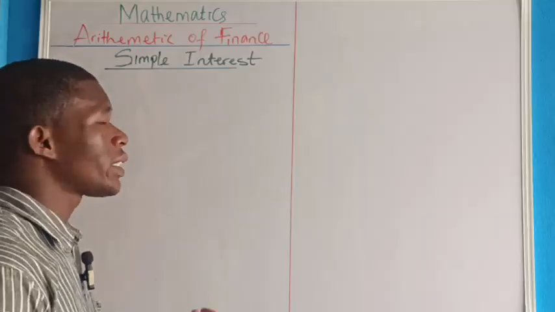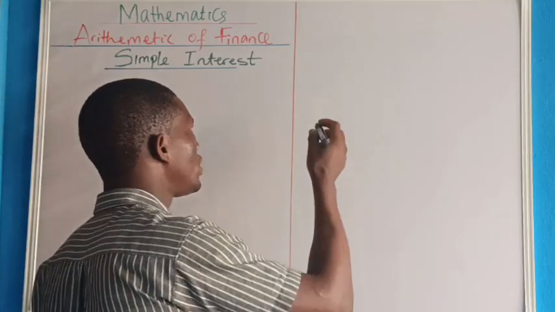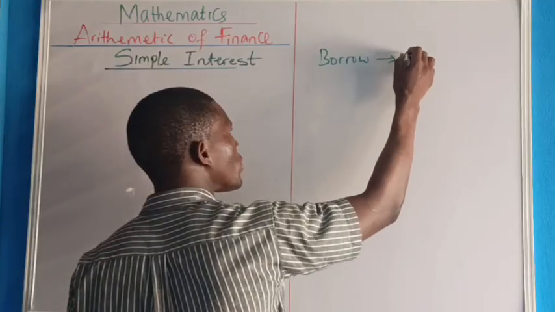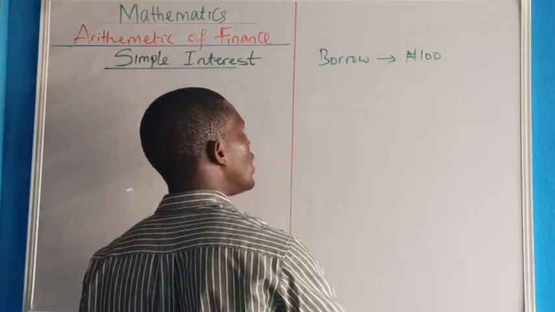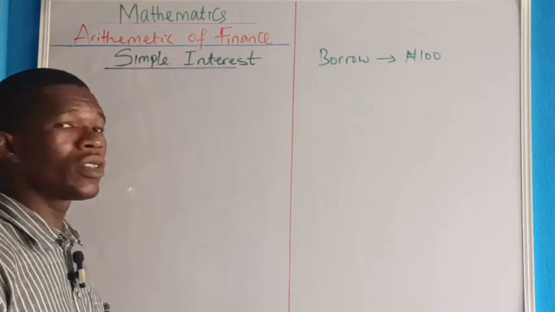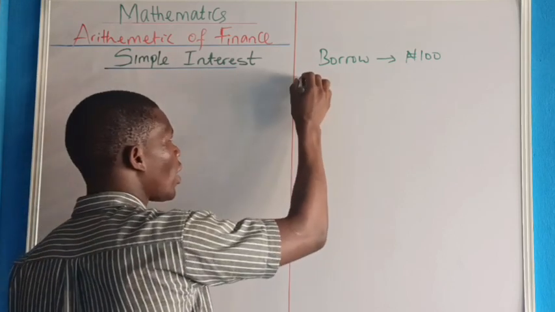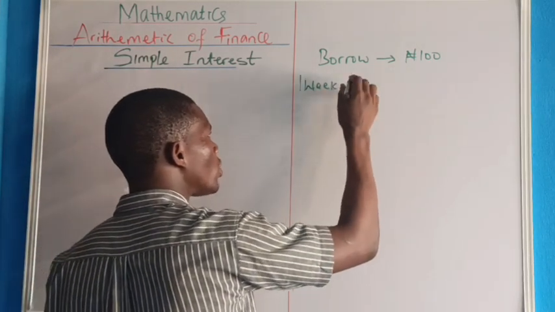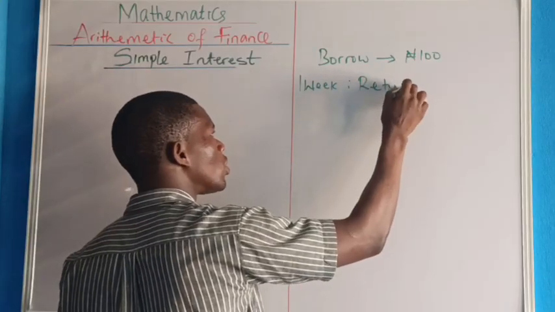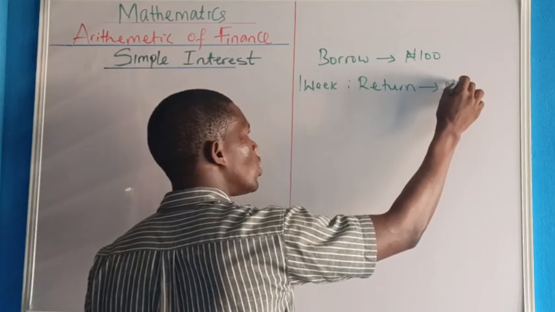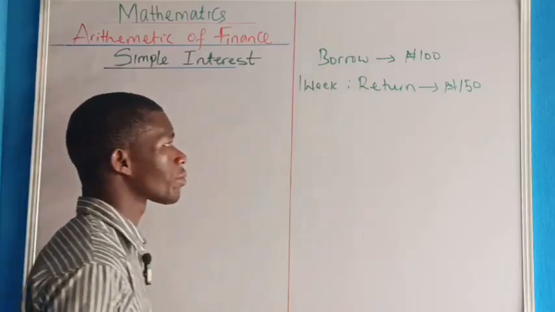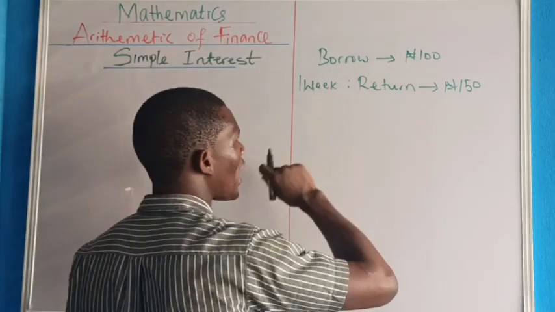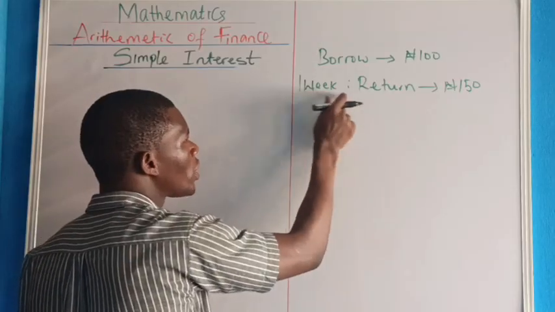So now, imagine you borrow 100 naira from a friend, and the friend tells you that after 1 week you are going to return 150 naira. You can see that.